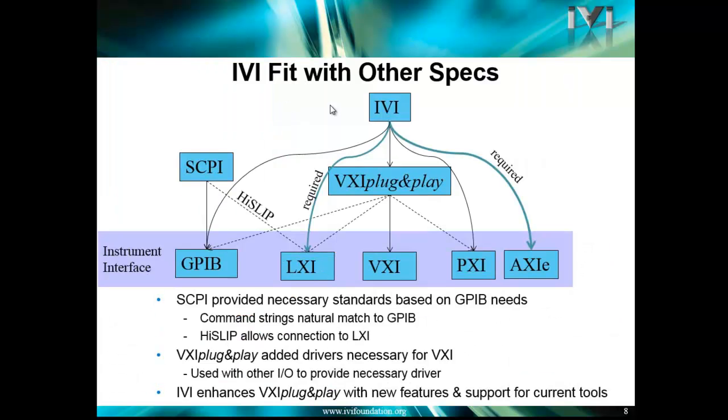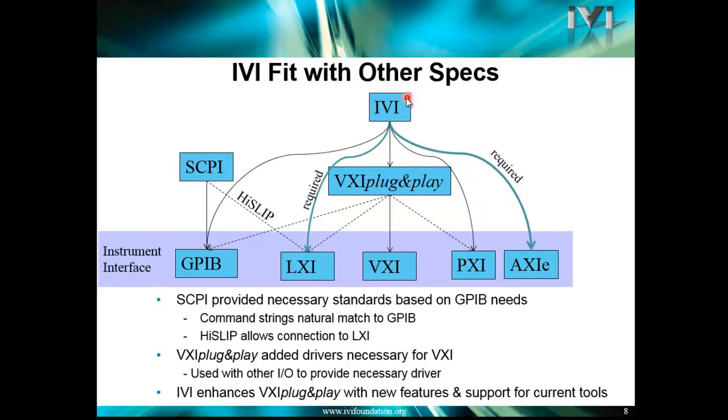This next illustration is trying to show a little bit more about how some of these specifications relate in terms of requirements. So we've already said that SCPI is built on top of GPIB and LXI. The IVI driver standards themselves really provide you access to instruments, whether they be SCPI instruments on GPIB or an LXI instrument, or a VXI, a PXI, or an AXIe instrument.